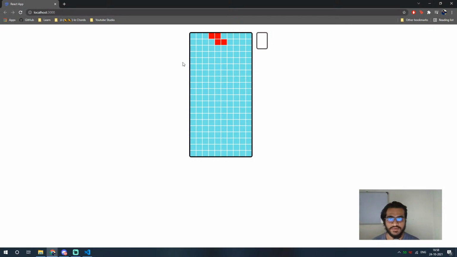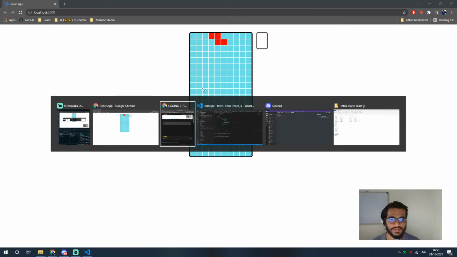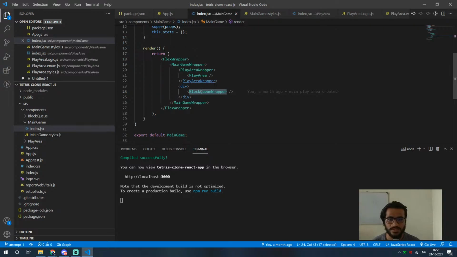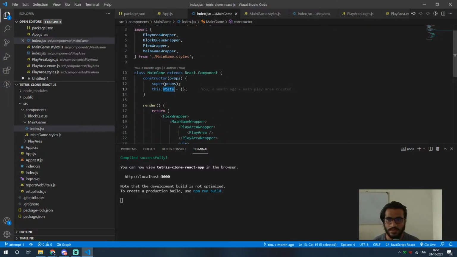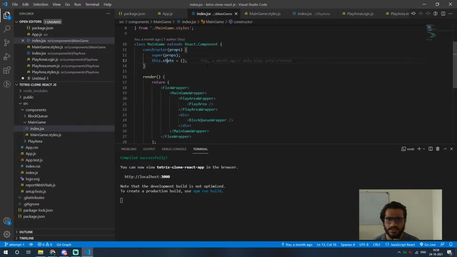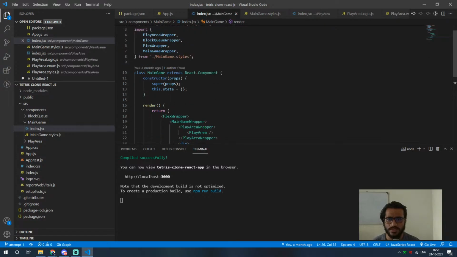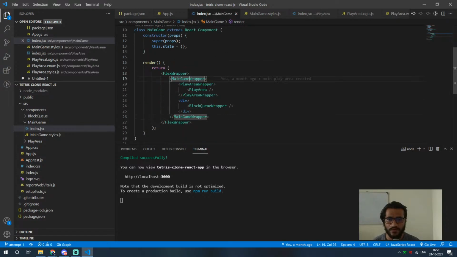So it will render the play area block, the queue block, which is this, and I think it will also store the state. For now there is no state, and what we worked on was the play area.